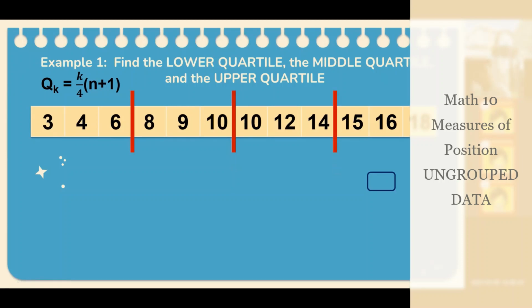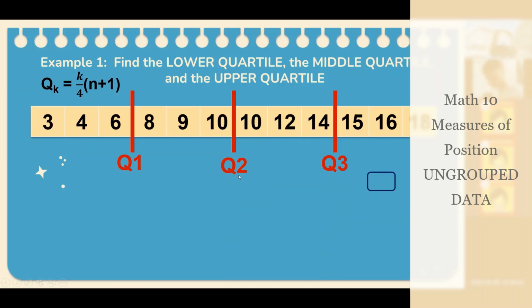Ayan, tatlo. So 3, 4, 6, 8, 9, 10, 10, 12, 14, 15, 16, 18. So this, you will see the division here. And obviously, so the first line is quartile 1. The second line is quartile 2. And the last line is quartile 3.